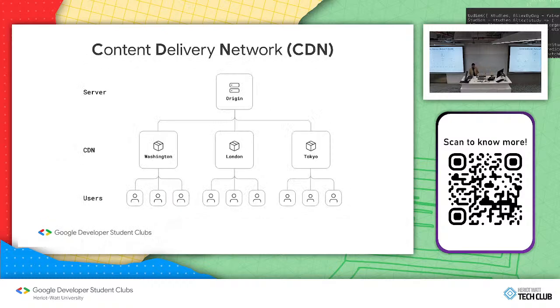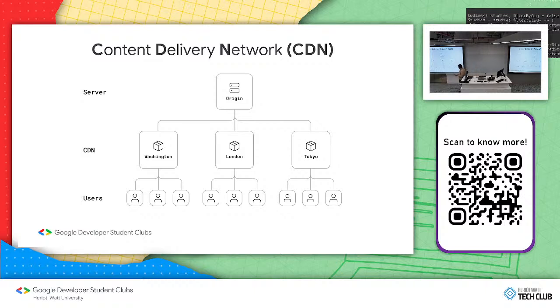So now, what is a CDN? CDN stands for Content Delivery Network. It can store all kinds of static content. For example, you can have static HTML pages or images stored on a CDN. The good thing about a CDN is that it's a distributed network, so it's not a single computer hosting everything. The CDN is distributed across different locations.